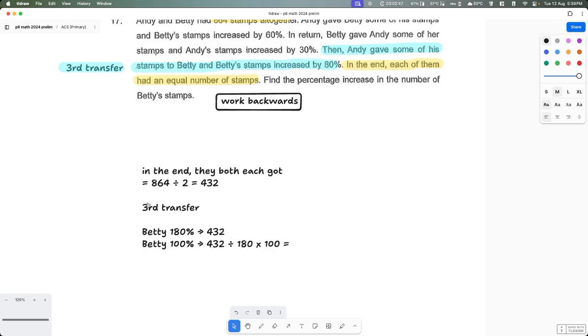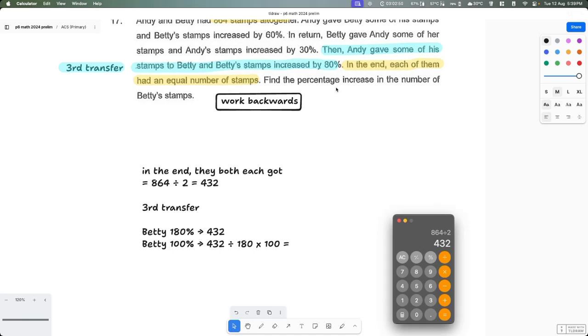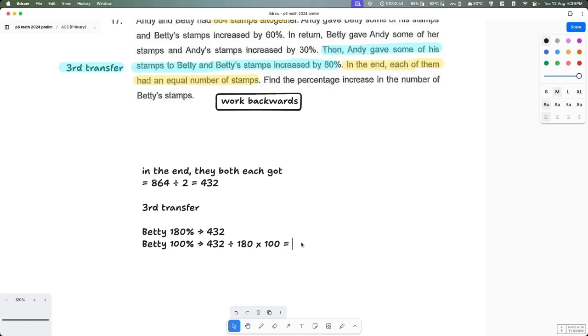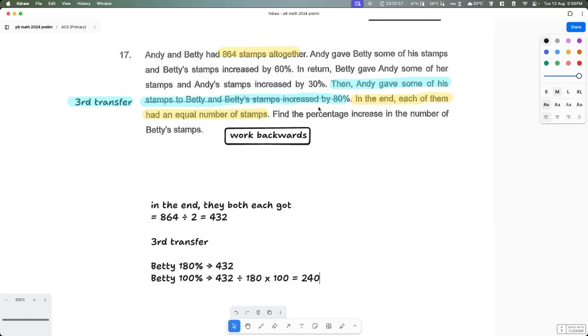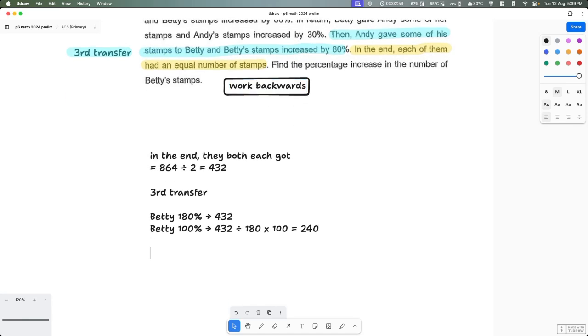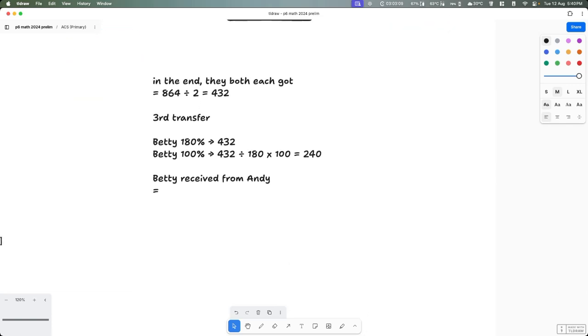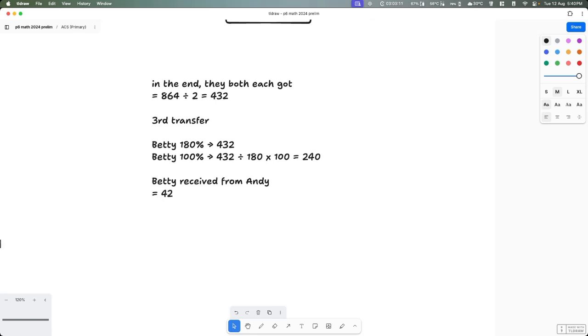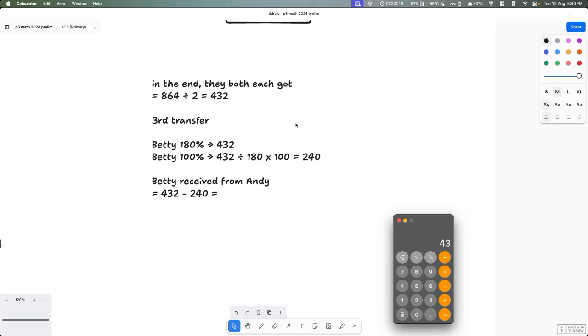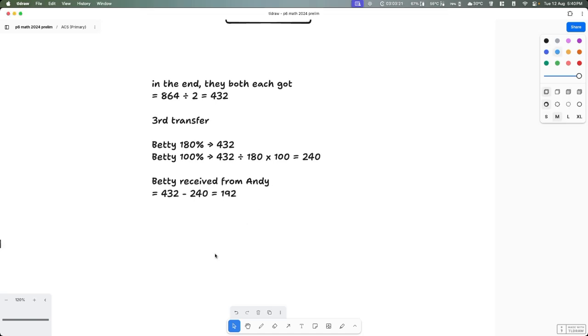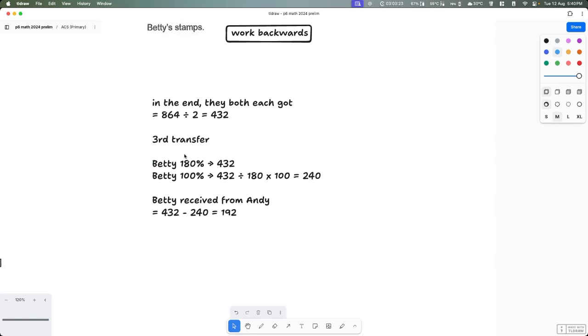Using a calculator, this gives us 240. So Betty at first had 240, and we can get the difference. Betty received from Andy 432 minus 240, which is 192.